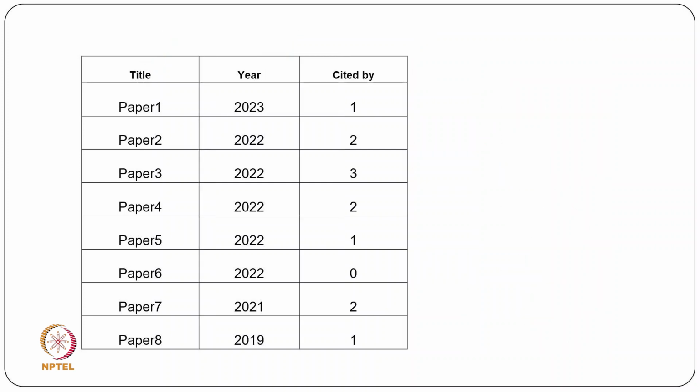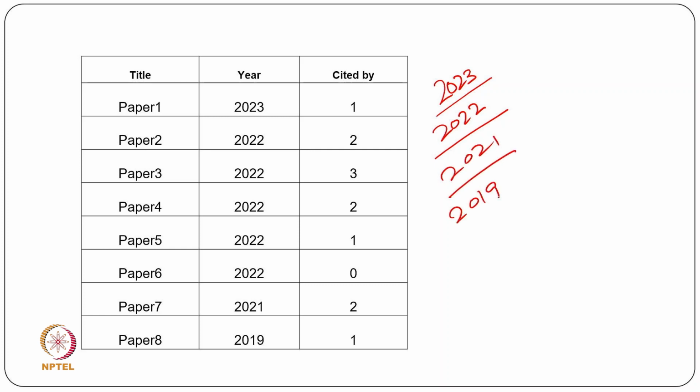The first thing we used to do is count the number of publications, okay. Here we will count the number of publications year wise. In this particular data set, the unique values are 2023, then 2022, then 2021, then 2019.